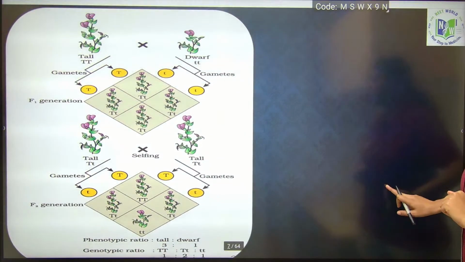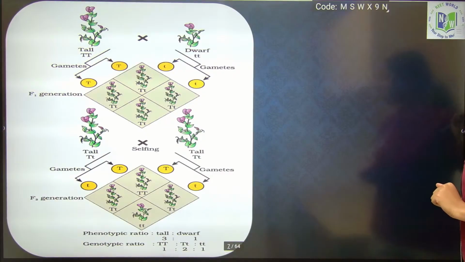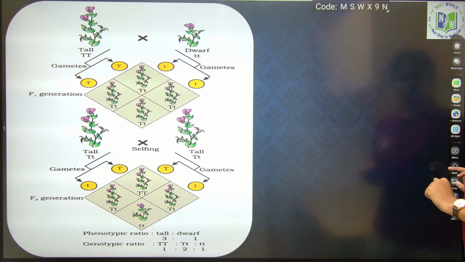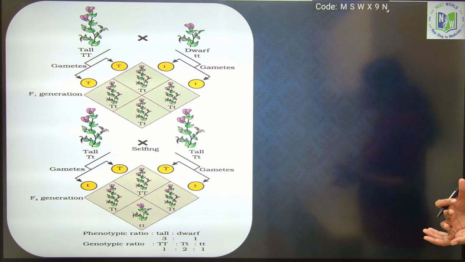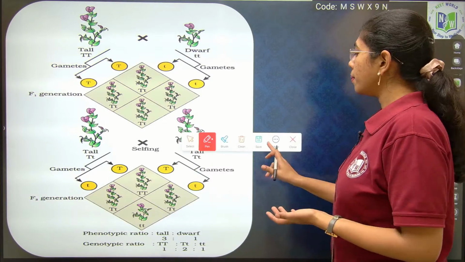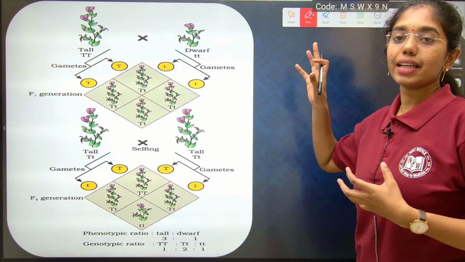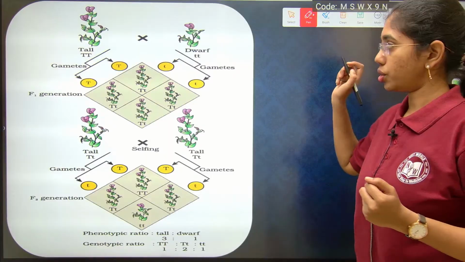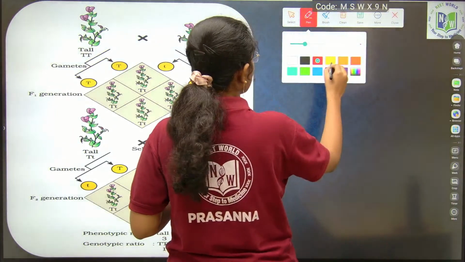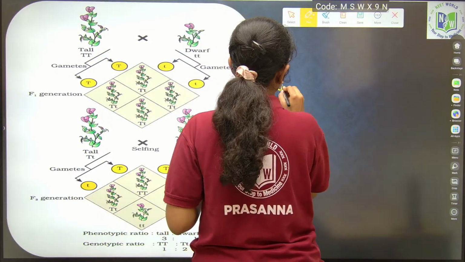Here this is given out in a Punnett square. What is a Punnett square? Punnett square is the graphical representation of maximum gametic fusions that can be exhibited at the time of fertilization.